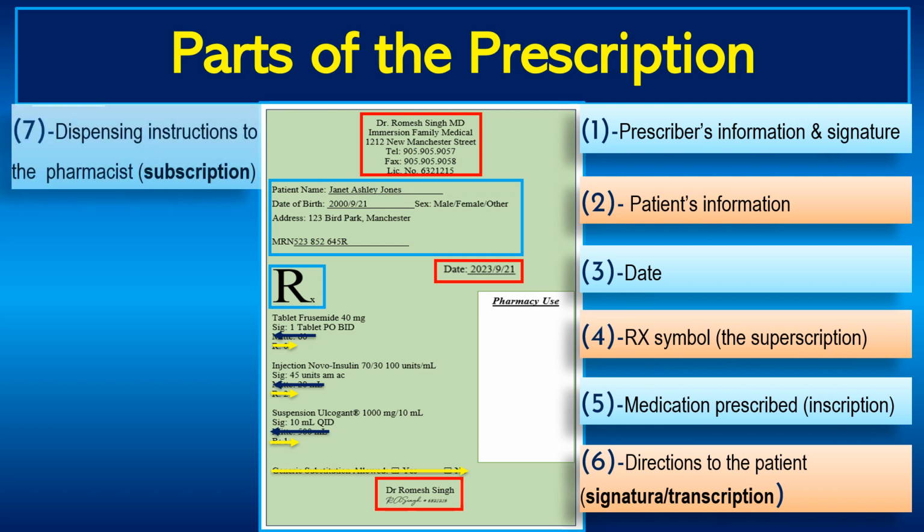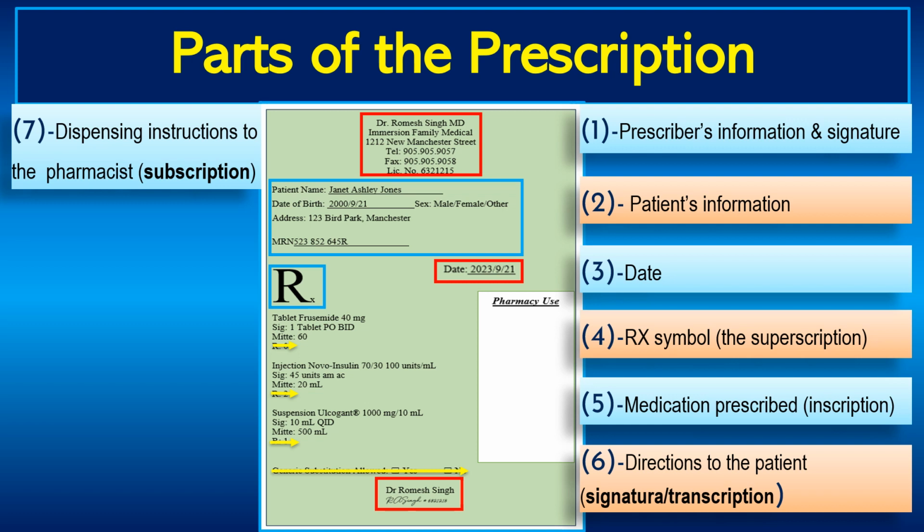Now, another component that must be present are the dispensing instructions to the pharmacist. So the doctor writes the name of the drug, writes the instruction that must be given to the patient, and then there is also some instruction to the pharmacist as well. Now, what are these instructions?